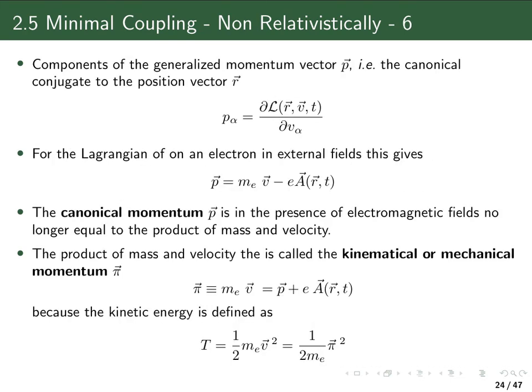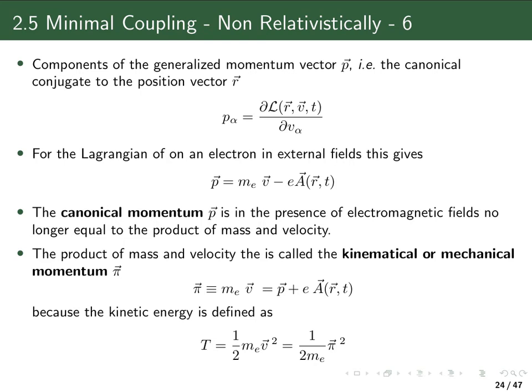And the canonical momentum, or generalized momentum vector, canonical conjugate, it has several names, is defined in this way. You can obtain the component of the canonical momentum, conjugate to the position vector, by taking the derivative of the Lagrangian with respect to the corresponding component of the velocity vector.